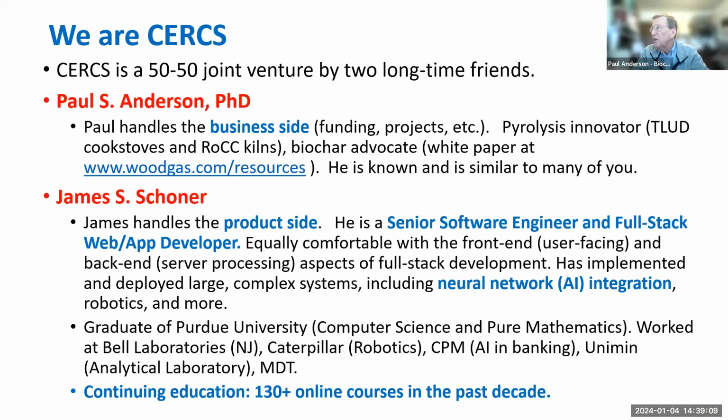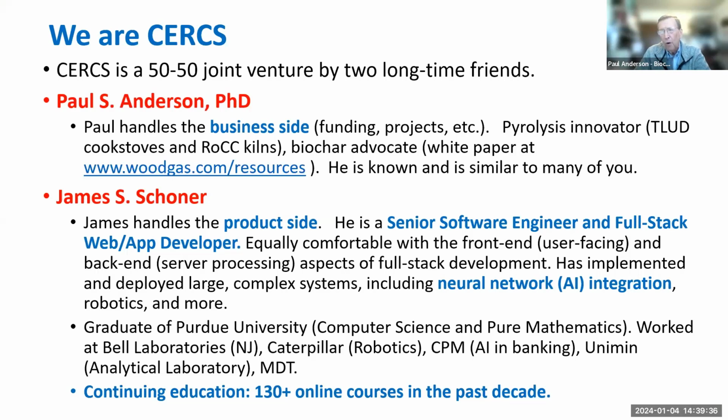He is a senior software engineer and a full stack web app developer. And there's a number of things you can read into his tremendous background. But I point out that he worked with neural networks, which is part of artificial intelligence, back in the 1990s, and he integrated it into a banking system which relates to credit cards.